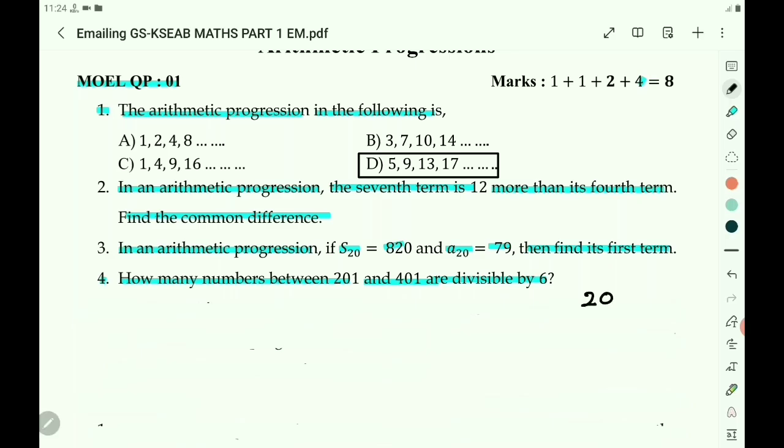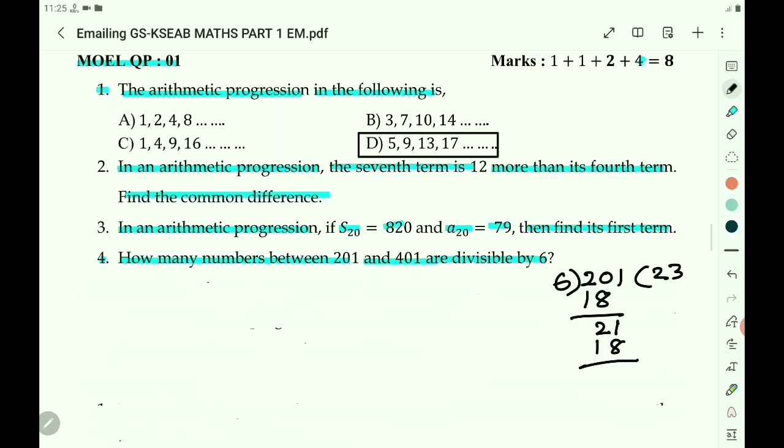So you take 201 divided by 6. 6 3s are 18. 20 minus 18, 2. Bring down 1, 21. 6 3s are 18. Then what is remaining here? 3 is remaining.